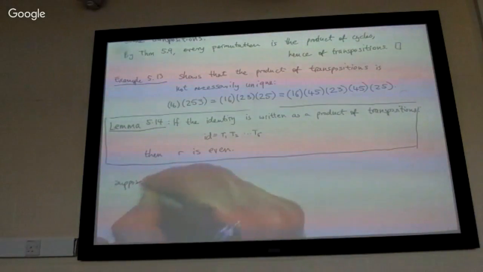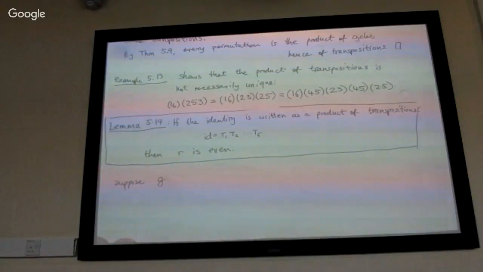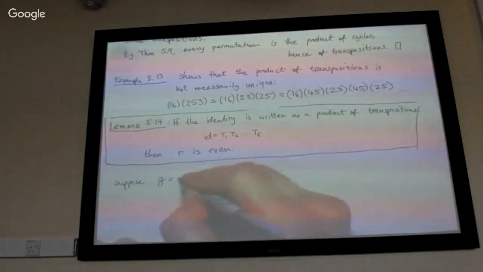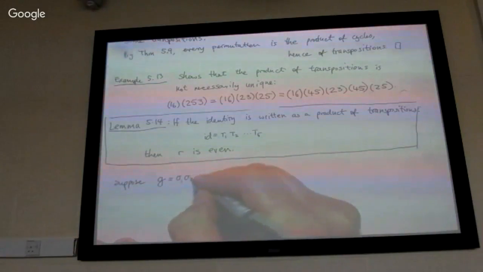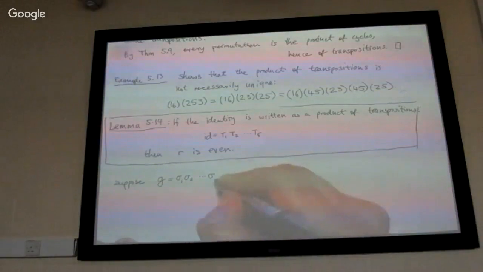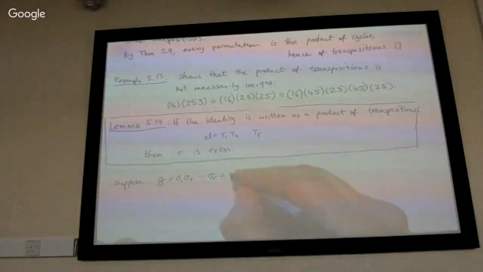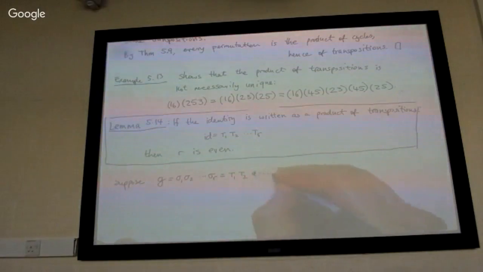suppose that you have some element G, and you can write it as sigma 1, sigma 2, up to sigma r, but you could also write it as tau 1, tau 2, all the way to tau s.